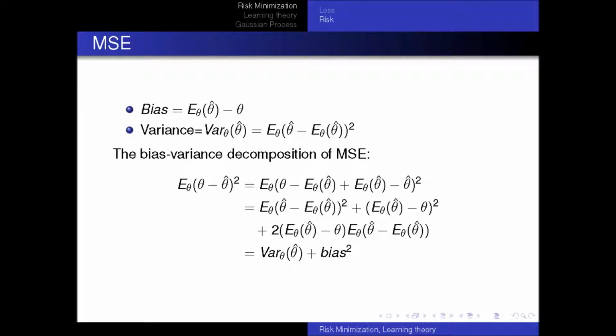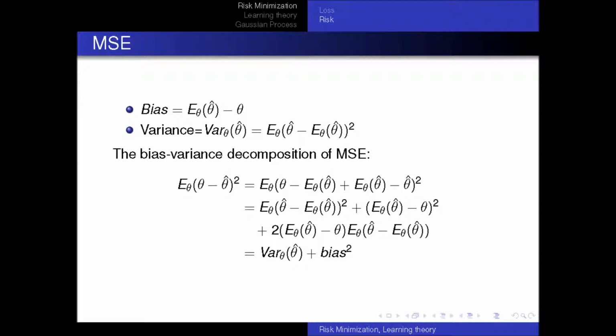Another nice property of this estimator is that s squared, scaled appropriately, follows a chi-square distribution with n minus 1 degrees of freedom, since it comes from a normal distribution.